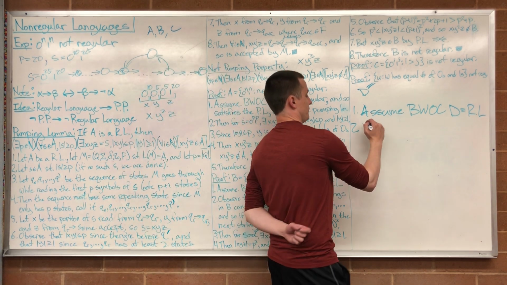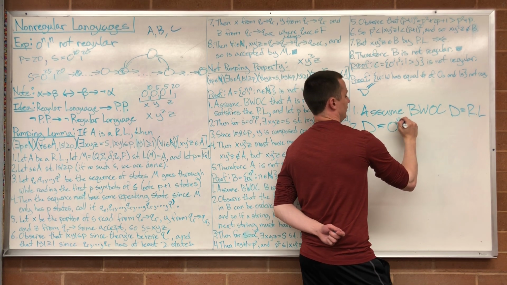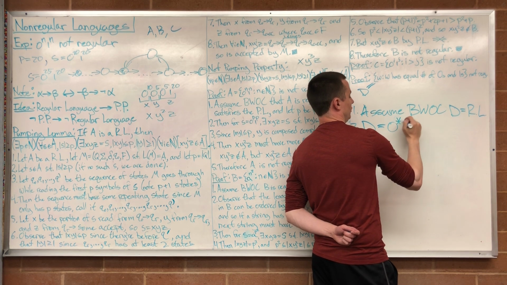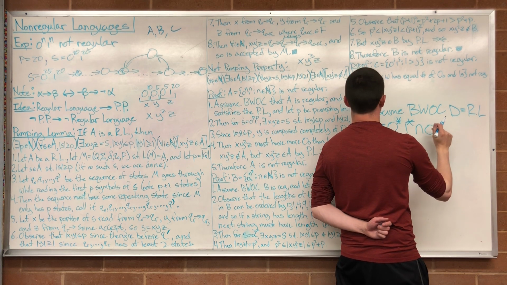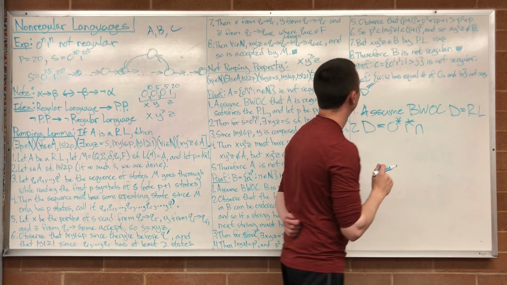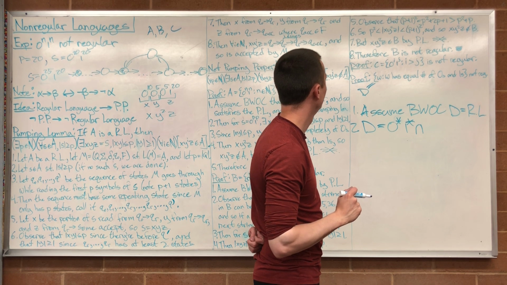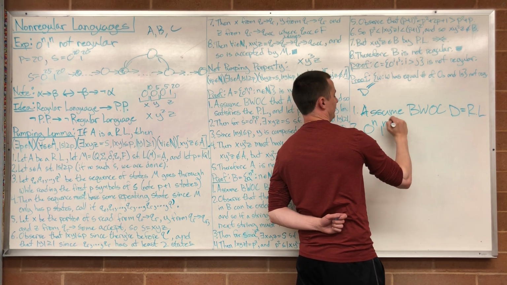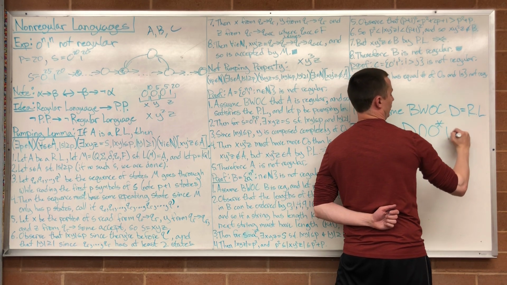D is equal to 0 star 1 star intersected with... Isn't it just... Oh, no. Other way. 0 to the n, 1 to the n is equal to D intersected with 0 star, 1 star.